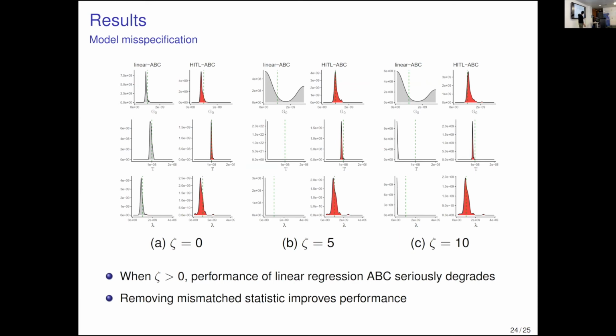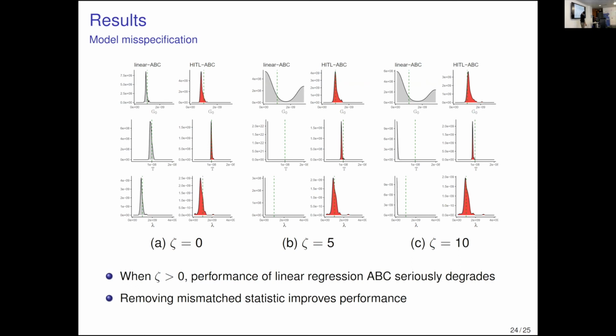Here, when there is some misspecification, now the posterior for T is exactly on one of the prior boundaries, same with lambda. And that one also looks quite wrong. But then if you just exclude it from the 6 statistics, you go to 5 by just removing it, you get, again, back to what you were.